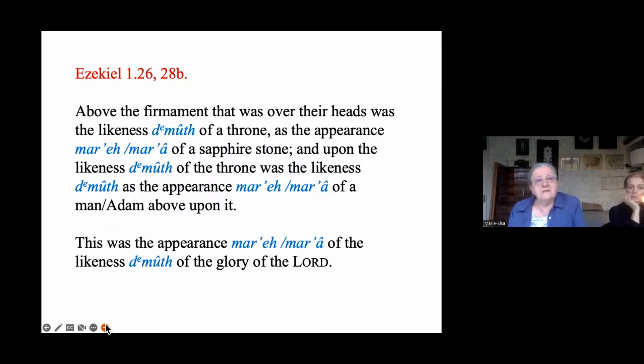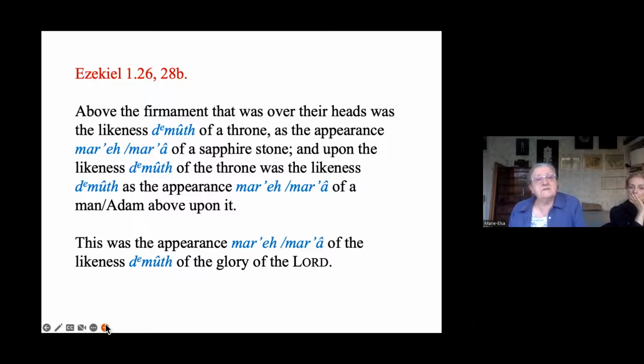And upon the likeness of the throne, that's this invisible state, there was the likeness again as the appearance, here it is, of a man or Adam upon it. So he sees a throne, if you like, in outline. This is a sort of flatland. And he sees upon it the vision, without substance, of a man or an Adam.